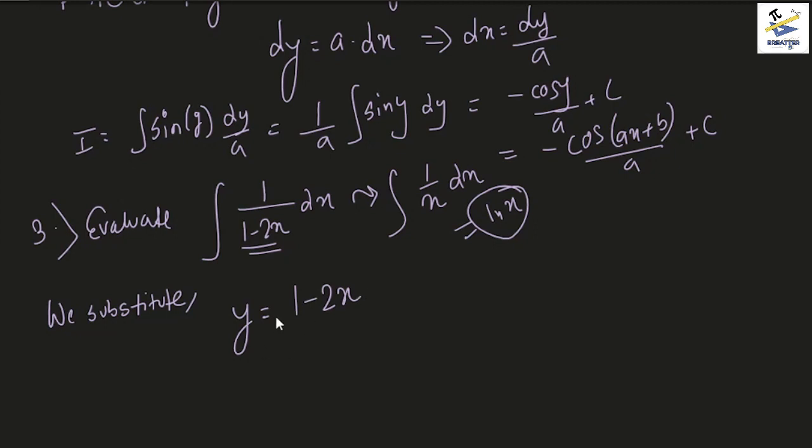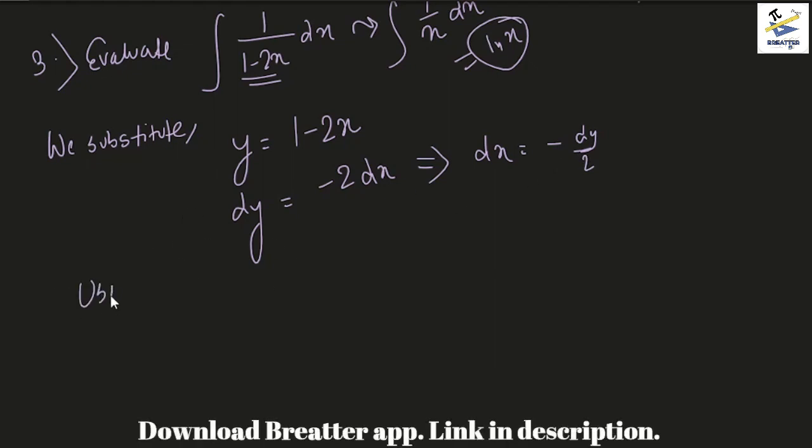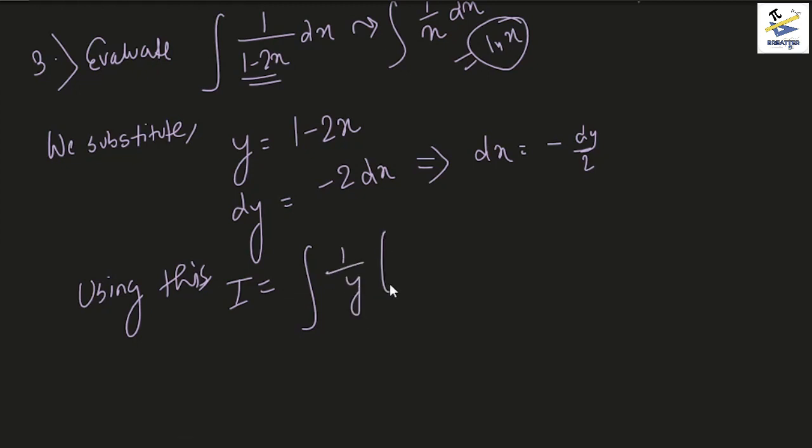Now y equals 1 minus 2x gives us a pretty easy way to evaluate this integral, because when you differentiate both sides, what you get is dy equals minus 2 dx, right? And this gives dx equals minus dy by 2. Using this, I should be equal to 1 by 1 minus 2x, which is just 1 by y, and dx is just minus dy by 2, right?